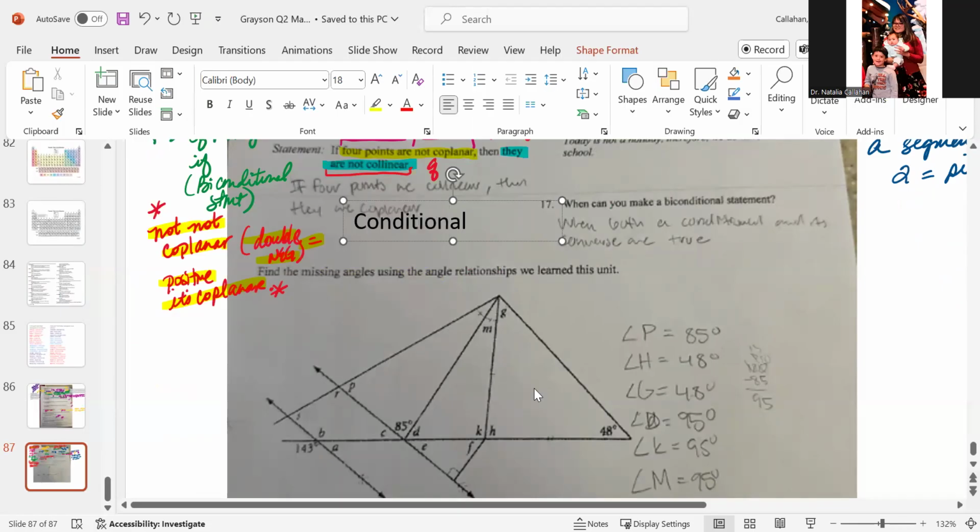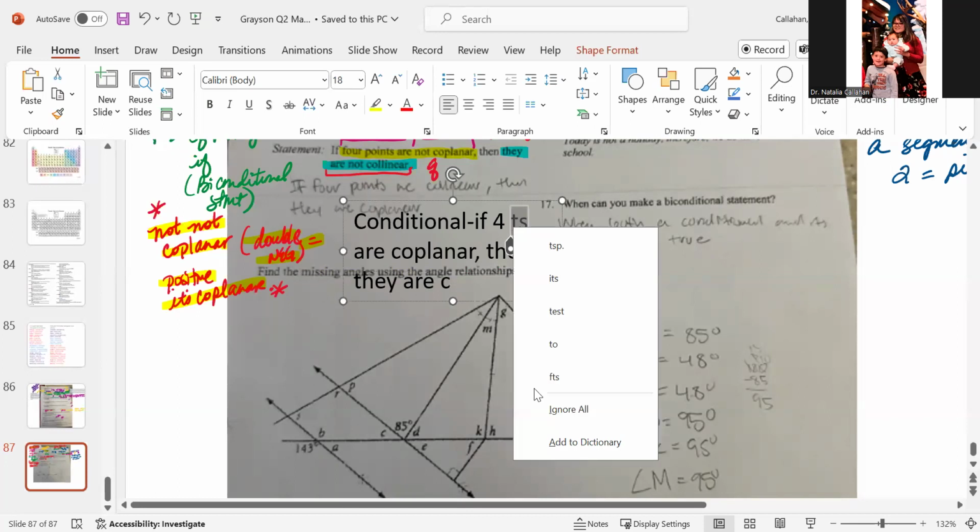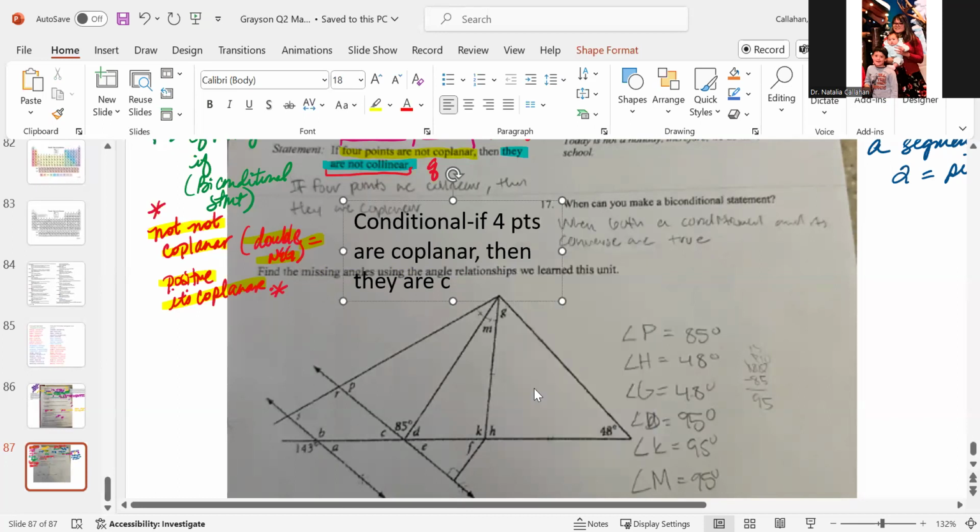What's the conditional statement for this? If 4 points are not coplanar, then they are not collinear.